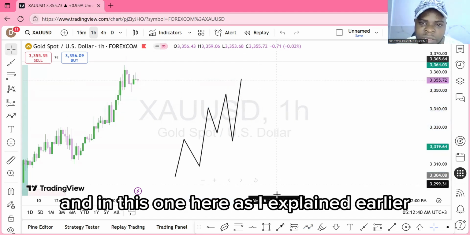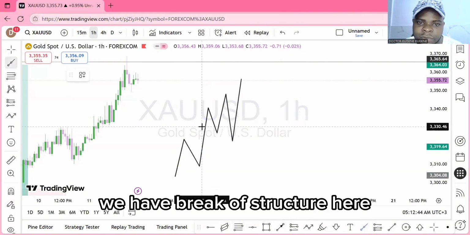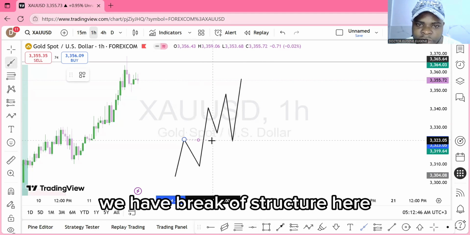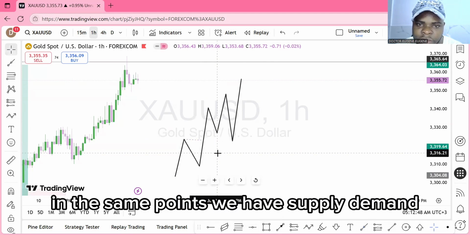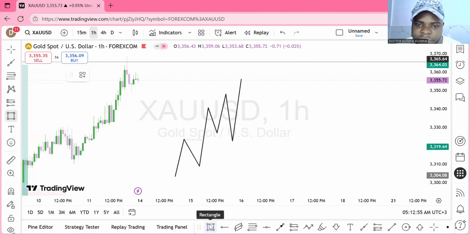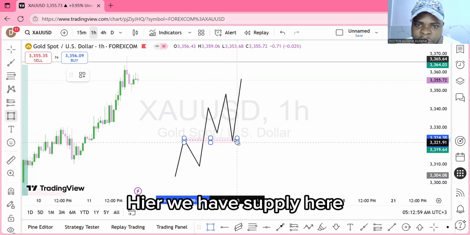And in this one here, as I explained earlier, we have a break of structure here. At the same point, we have supply and demand. Here we have supply.